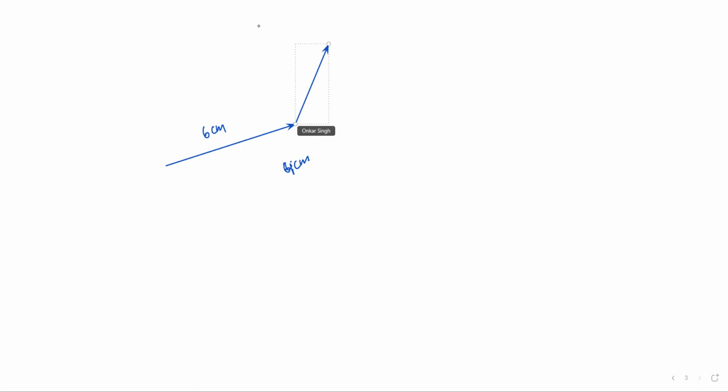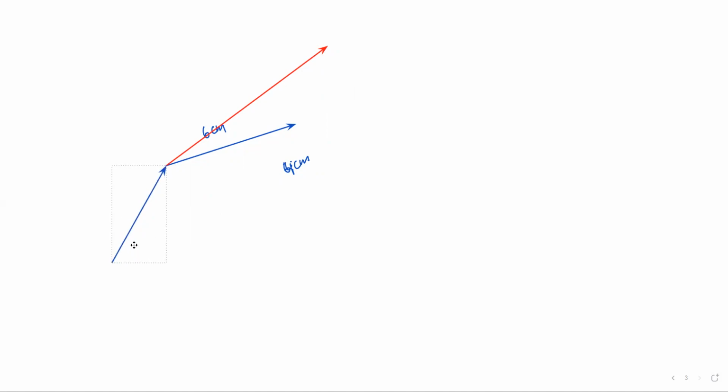Very simple, the closing side would be this. This will be the resultant. Very interesting thing, students. I'll change the order. Again, the resultant will be the same. Now, let's say I change the order of this like this. Then also the resultant would be, wait a second.